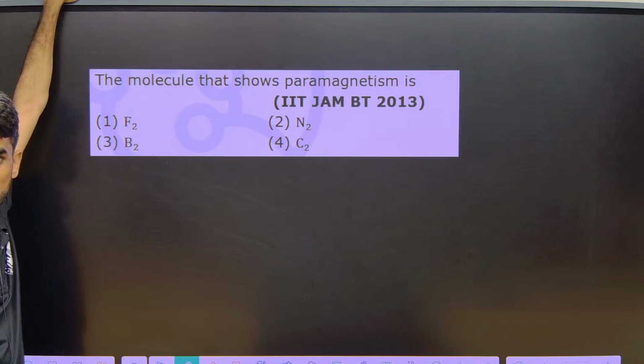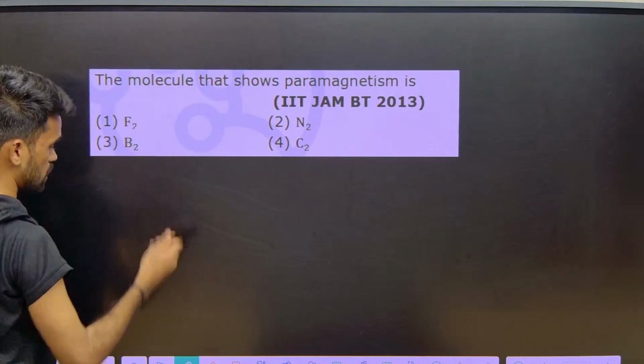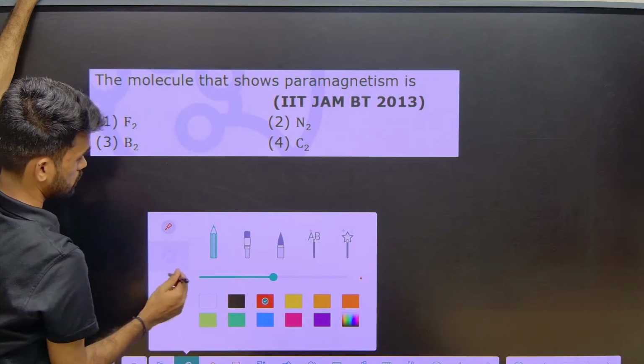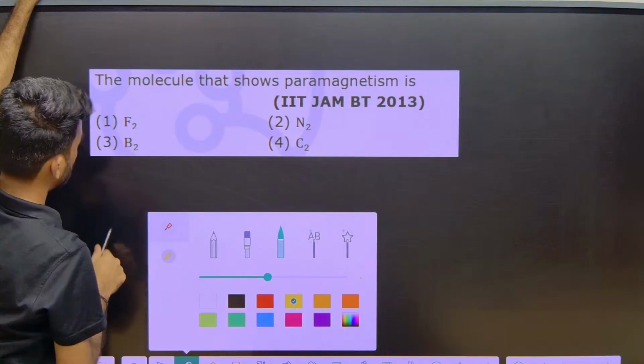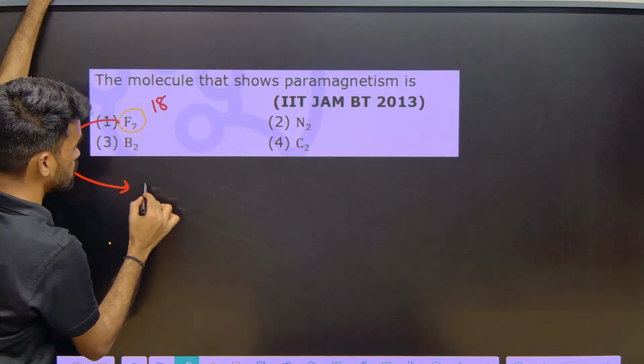What is the answer? Just follow the energy orders. So for F2, how many electrons are there? So for this, 18. Okay, 18 means what is the order?